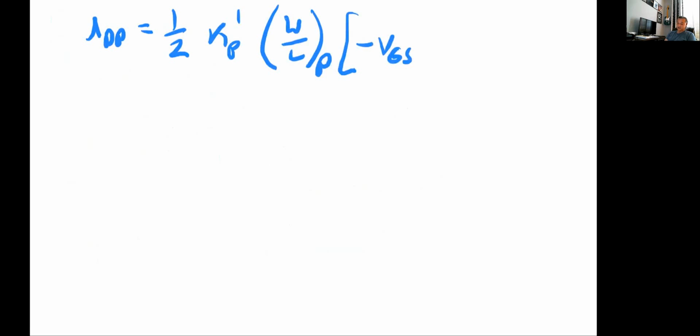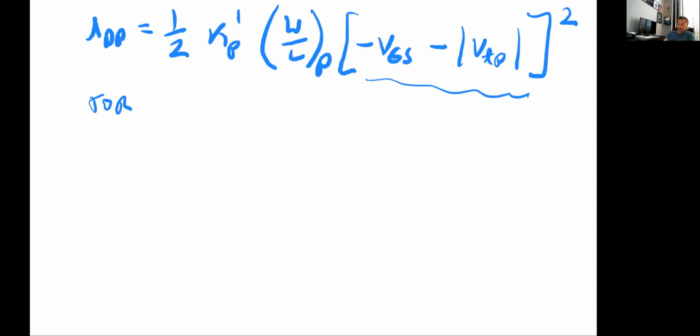So minus VGS is just the same as VSG, which normally we would write. I just like VGS, but I have to put a minus there. So basically, this is the overdrive. This is the maximum overdrive voltage. Okay, so this applies for VO max.